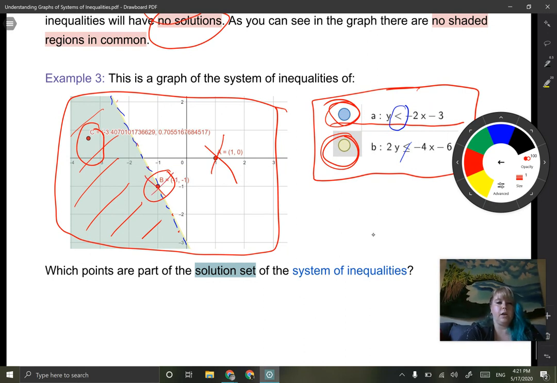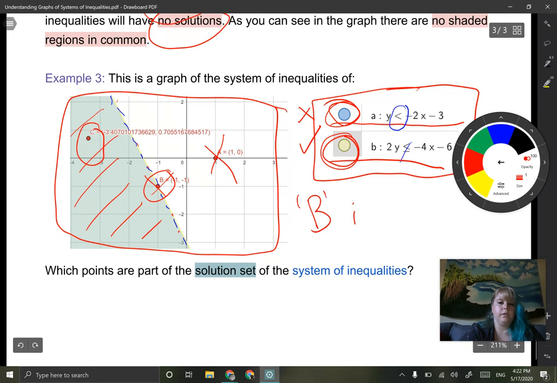So B is on the yellow line, so that means it is a solution for the yellow inequality, but it's on the blue dashed line, so that means it's not a solution for the blue inequality. So B is not a solution.